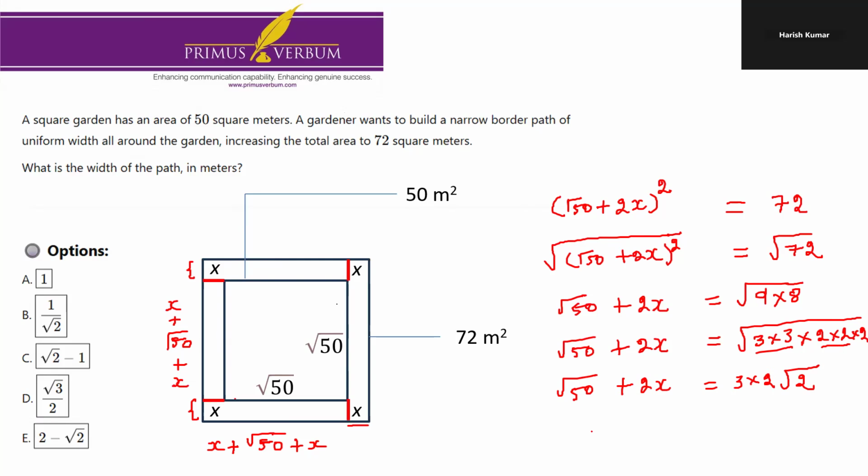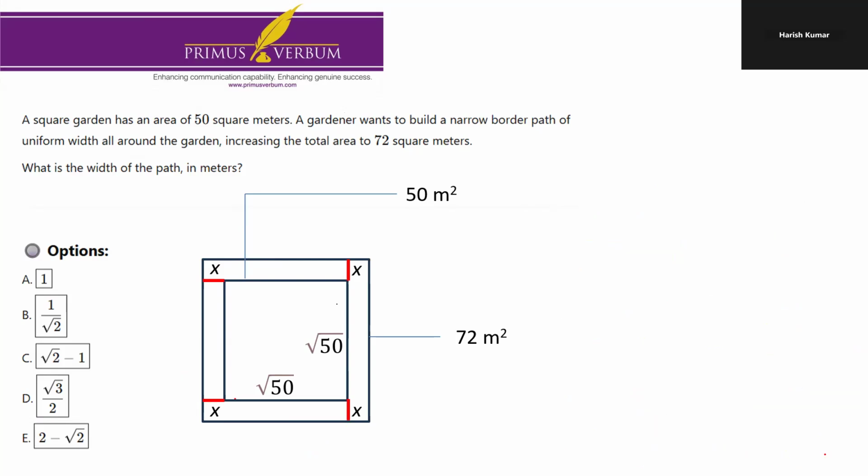At this point, I can also factorize 50 and I will get 5 into 10, that is 5 into 5 into 2. So I can take one 5 out, 5 root 2 plus 2x, which is equal to 6 root 2. This means 2x is going to be equal to 6 root 2 minus 5 root 2, which will give me root 2.